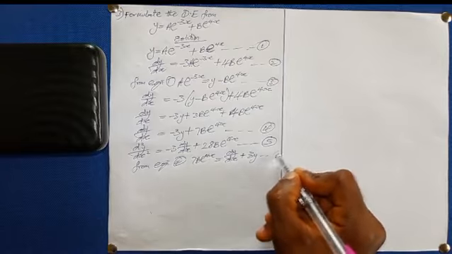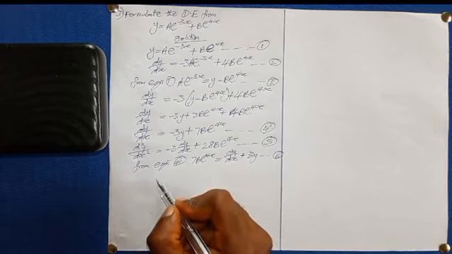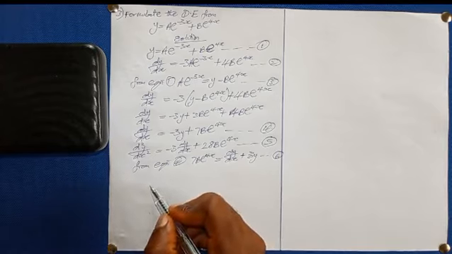Then we call this equation 6. I think that will be the last equation. We are getting to the final answer very soon. It's nothing much anymore. So we substitute equation 6 into equation 5.